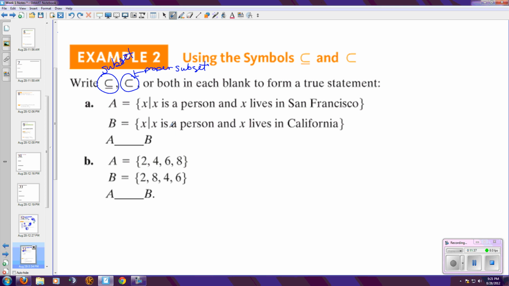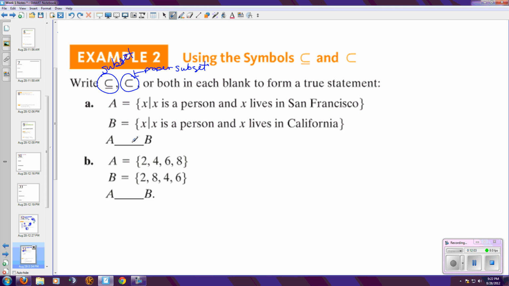So we have here the set A equals X such that X is a person and said person lives in San Francisco. And for set B, we have X such that X is a person and that person also lives in California. Now, if we think about our different towns, this one might not be as obvious to everyone.